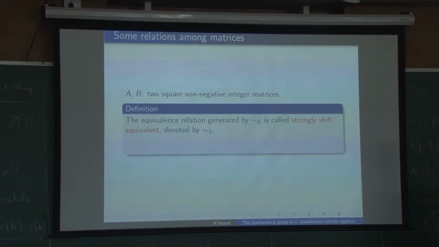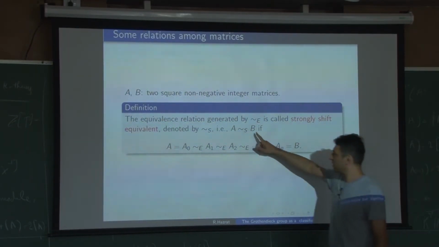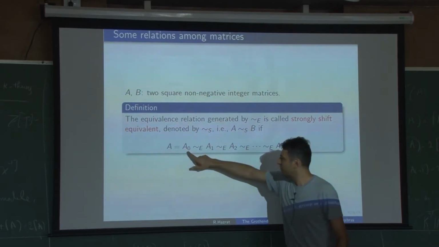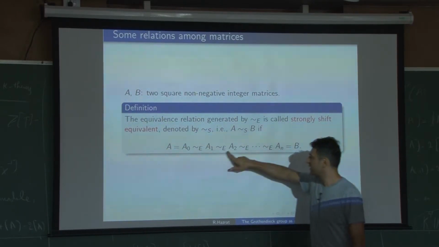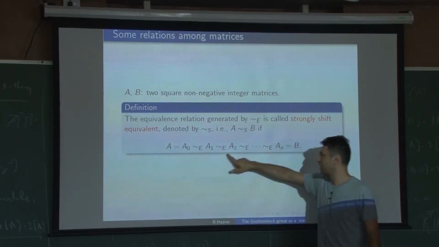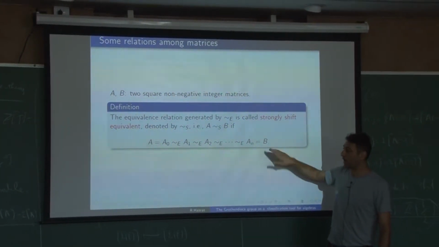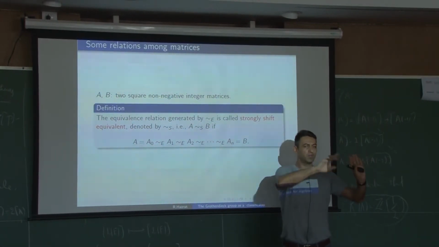So now, I'm going to also define strongly shift equivalent. What does it mean being strongly shift equivalent? A and B are strongly shift equivalent if I can find a chain, starting from A, where the next one is elementary shift equivalent to A, the next one is elementary to A1, the next one is elementary to A2, and then I can reach B. So, this is your A, this is your B. I cannot go from A to B in one go.